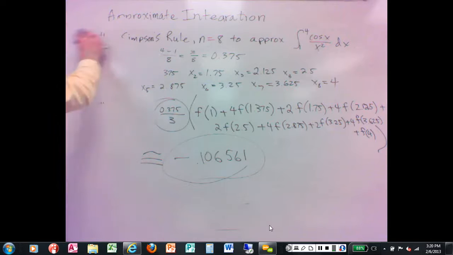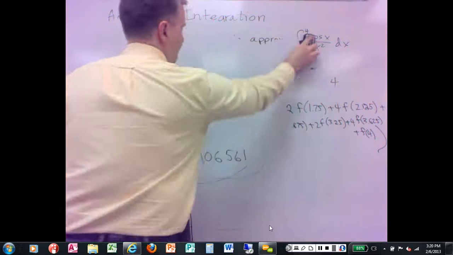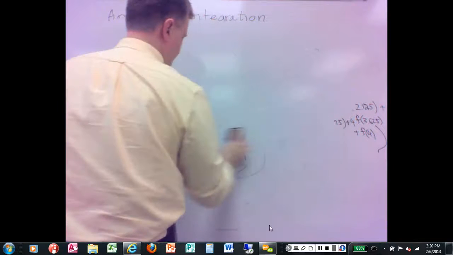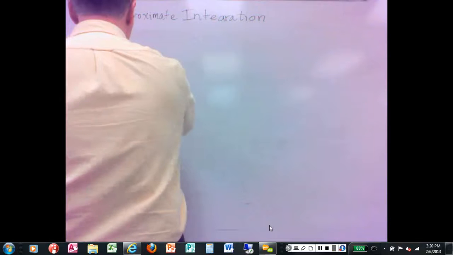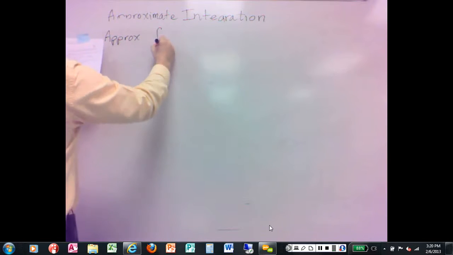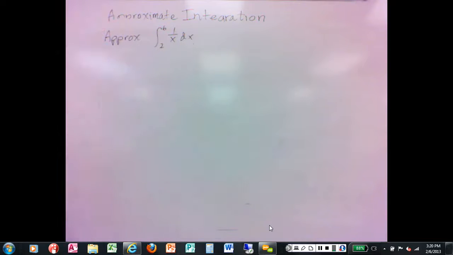Let me see if I can get this one real quick. Okay, let's approximate the integral from 2 to 6 of 1 over x dx, which you might note is one I can evaluate, and that's my point.